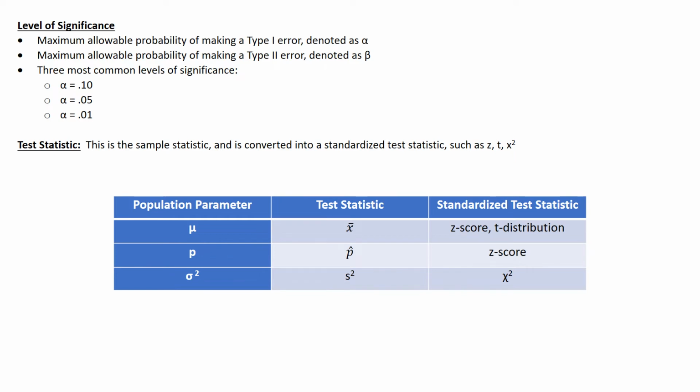I should say the three most common levels of significance, and I've talked to you about this before, are alpha equals 0.01, alpha 0.05, and alpha equals 0.10. And what this means is, in the last chapter, we were talking about 90% down the middle, 45% each side. This is the flip side of that.